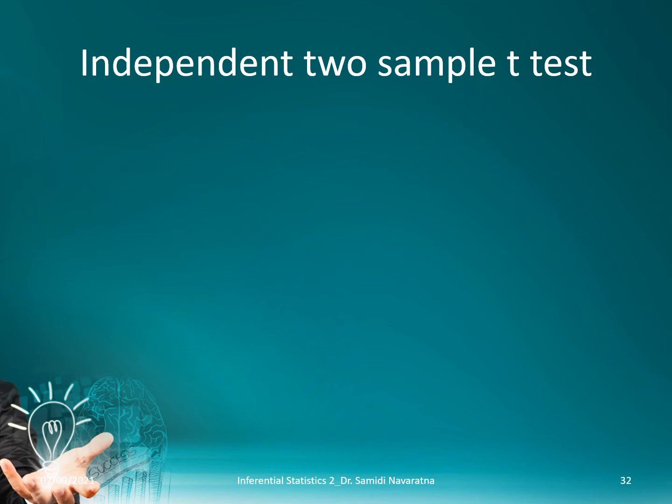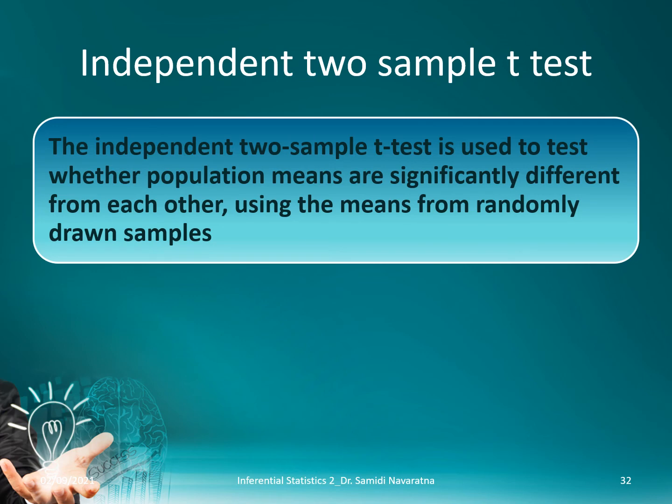Moving on to the independent two-sample t-test. Any statistical test that uses two samples drawn independently of each other and using t-distribution can be called a two-sample t-test. So such a test is used to test whether population means are significantly different from each other using the means from randomly drawn samples.